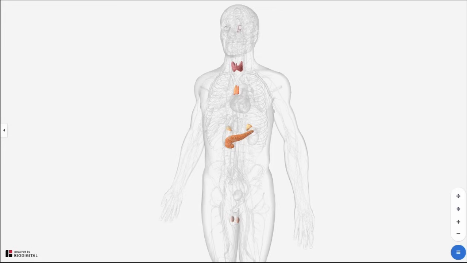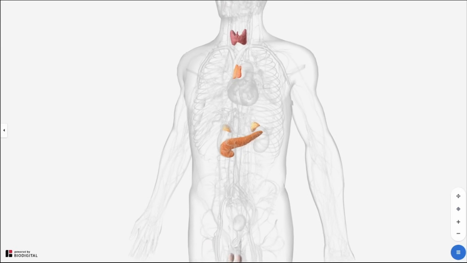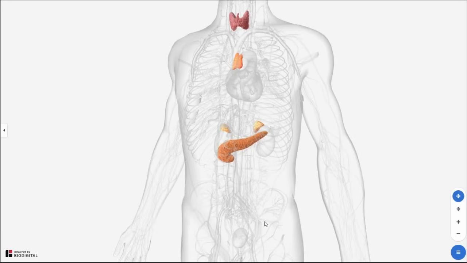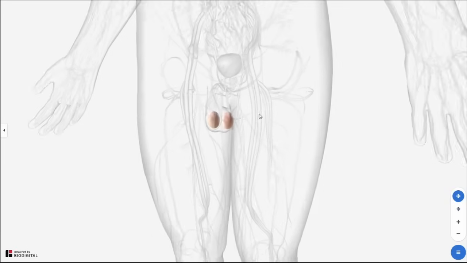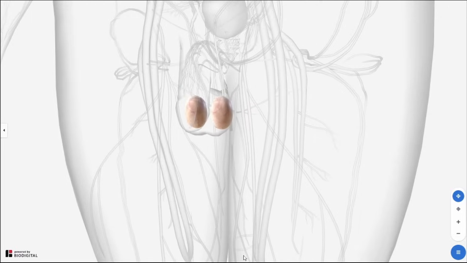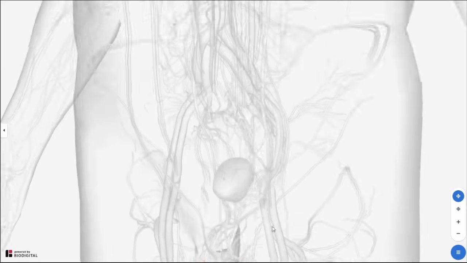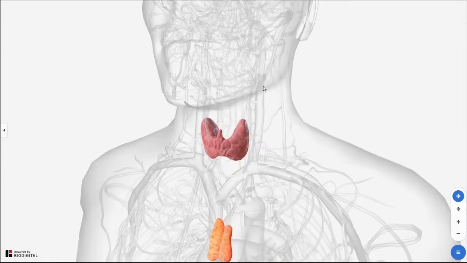Makikita natin dyan sa baba, ang naka-highlight lang ay yung testes. Diba? Sabi nga natin kanina, ang part ng reproductive system na kasama rin sa endocrine system for the males would be the testes.